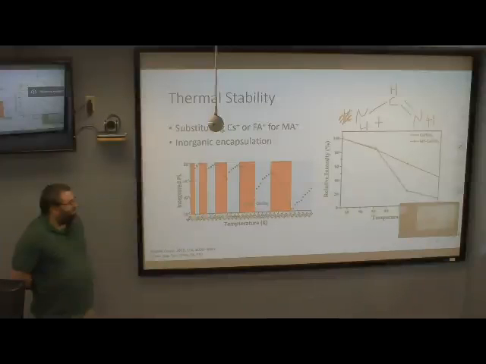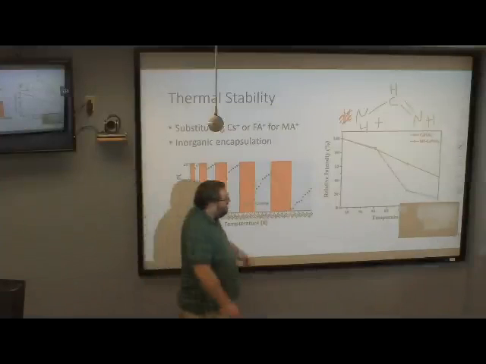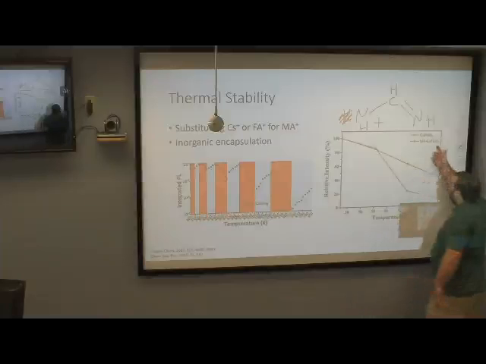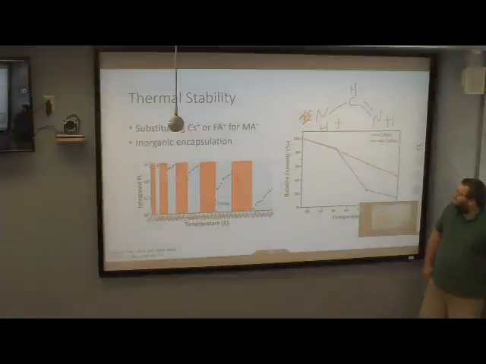The other suggestion for dealing with the thermal stability issue is using an inorganic encapsulation method, which is what this graph is showing. So we have cesium lead bromide perovskite, and they used a coating.